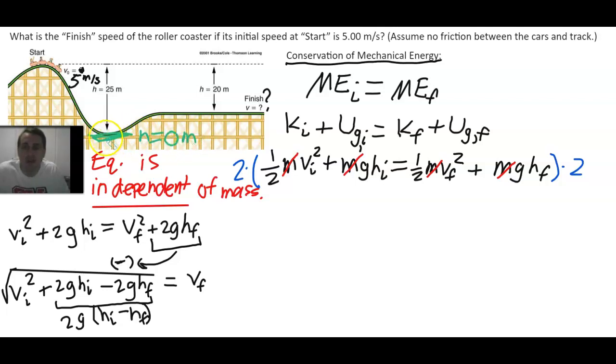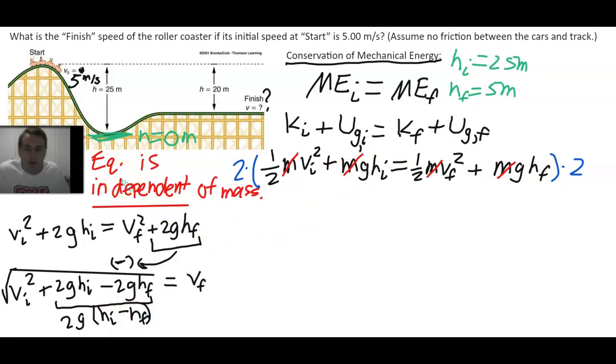Remember, we are free to choose the 0 height for potential energy. That means the initial height is 25 meters, and the final height is 5 meters. So this will give us 25 meters minus 5 meters.